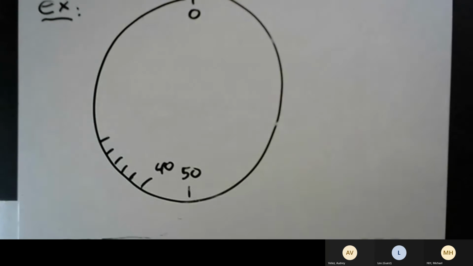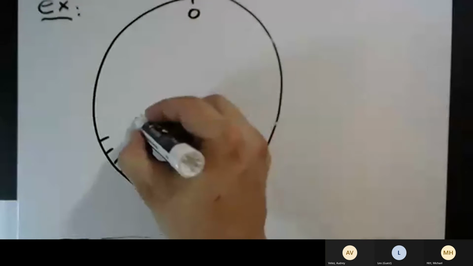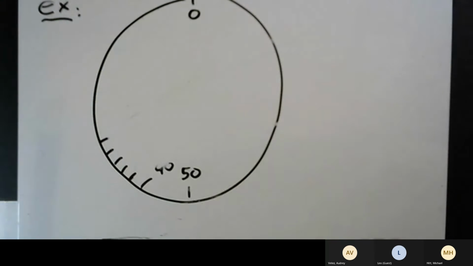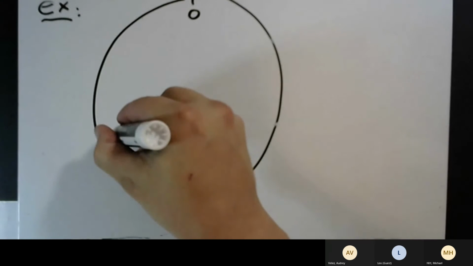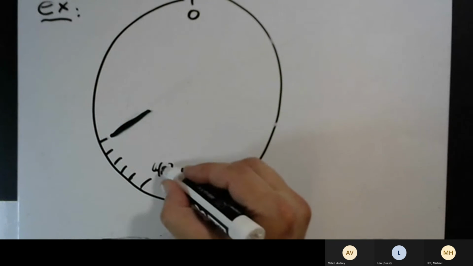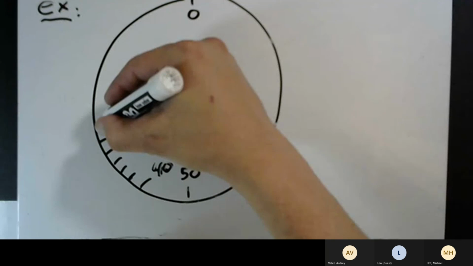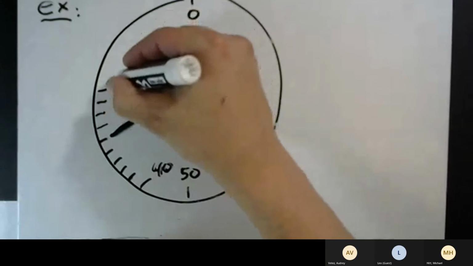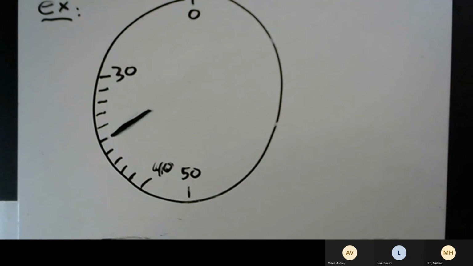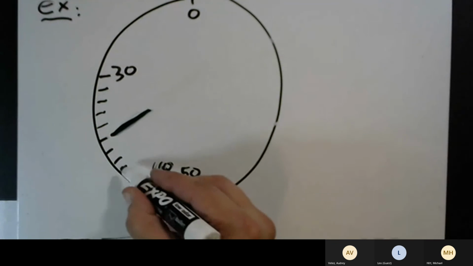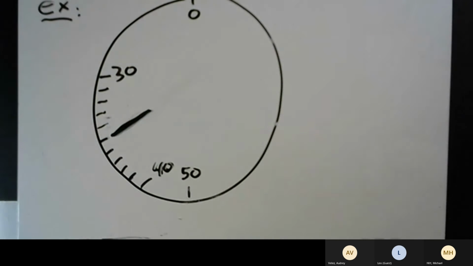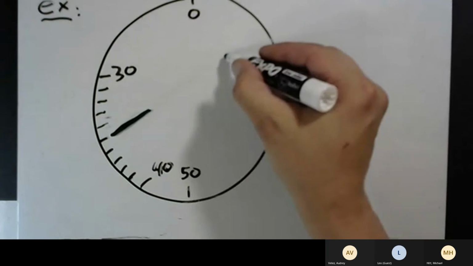This one's going to be a little tricky. Let me get my other pen. Let me write it at, this is 40. It's a little not quite to scale. Just double check. 1, 2, 3, 4, 5, 6, 7, 8, 9, 10. Perfect. Okay. And then we have our rotation.